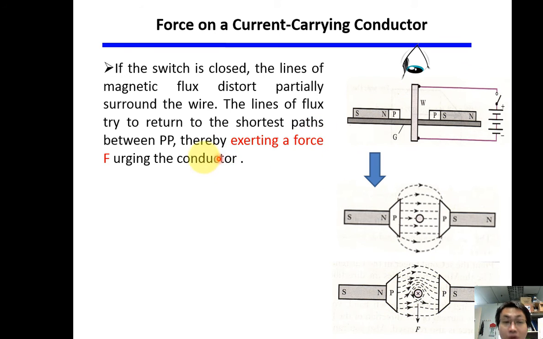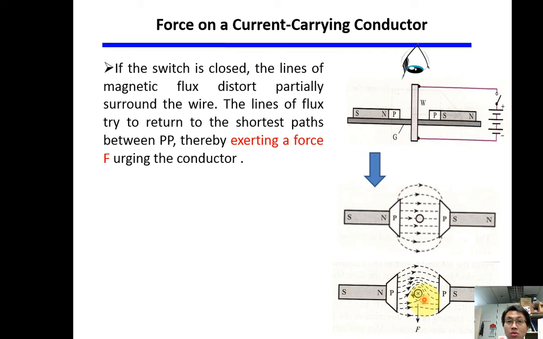Thereby, they exert a force F urging the conductor. Now going in means this conductor has a current flowing towards the paper. That's why from the arrow, I flow towards the paper.